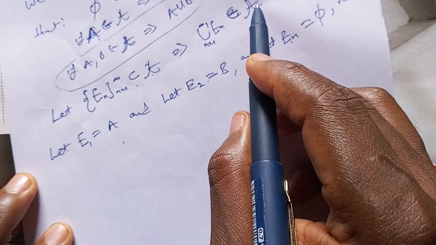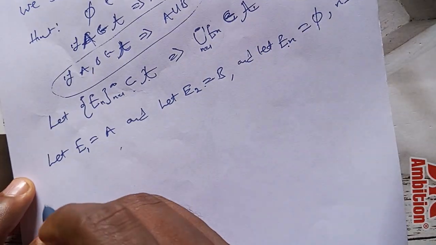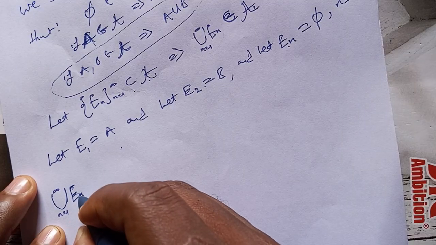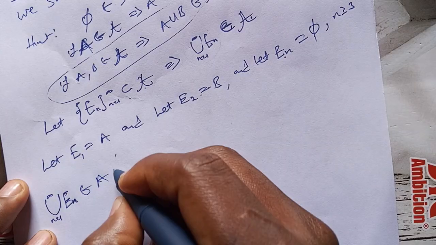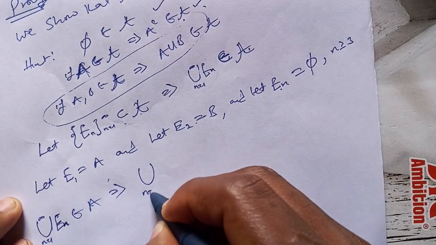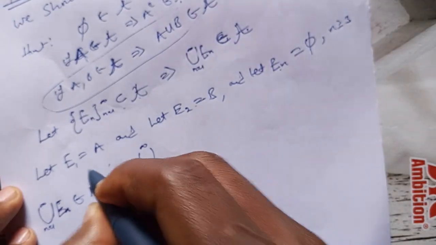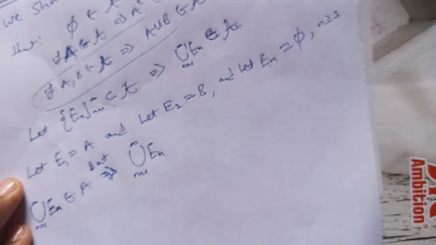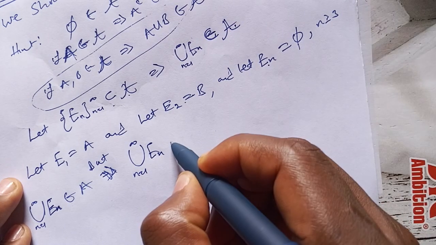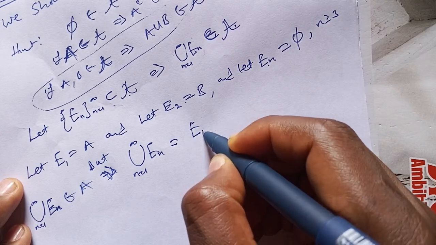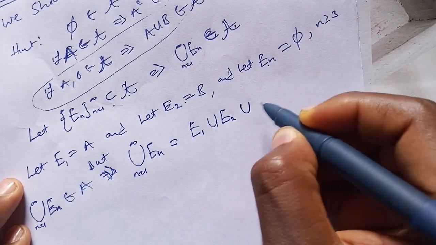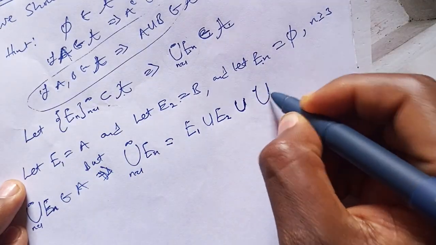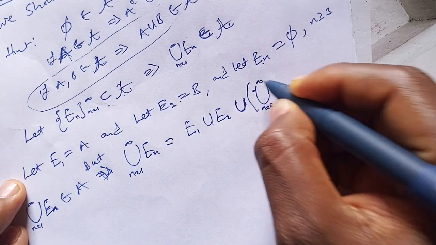But since this is a sigma algebra, the countable union is in fancy A. So we have that the union, n equal to 1 to infinity, of En is in A. The union of En is actually E1 union E2 union the union of En for n equal to 3 to infinity.